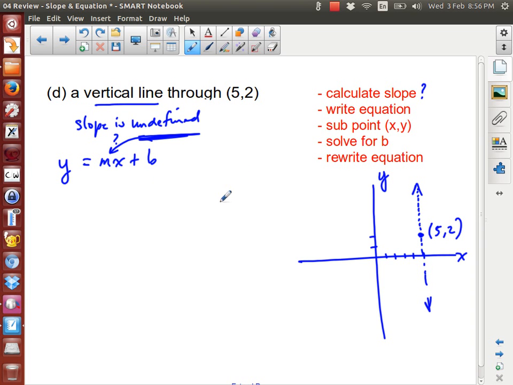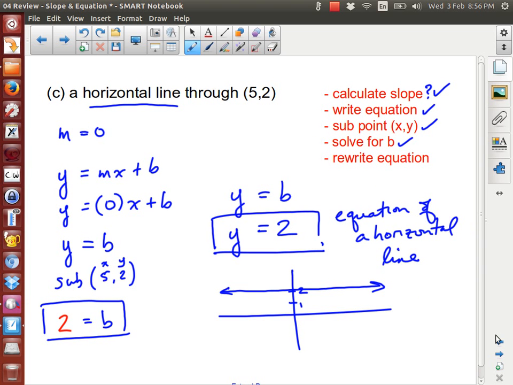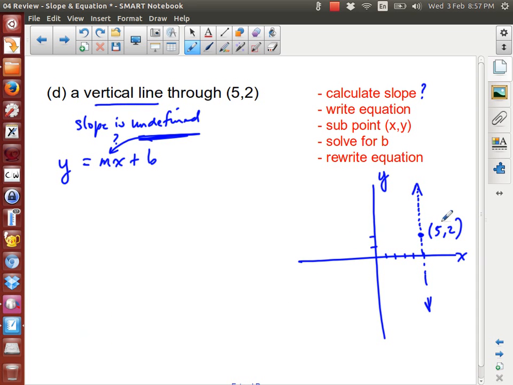And so I actually do need to go back to my sketch and try to make sense of it, particularly in the context of our horizontal line. My horizontal line, the thing that made this a horizontal line was the fact that the y-coordinate was always equal to 2. So now if we put that into context, that's why we did this one last, what is the defining feature of this vertical line?